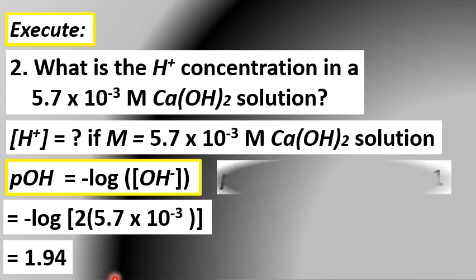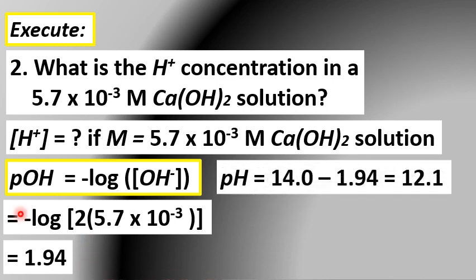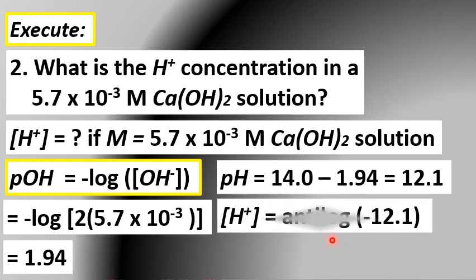Hence, we can determine the pH value by just subtracting 1.94 from 14.0, and that will give us 12.1 as the pH value of the same solution. We can therefore proceed in getting the positive hydrogen ion concentration using the formula antilog of negative 12.1.